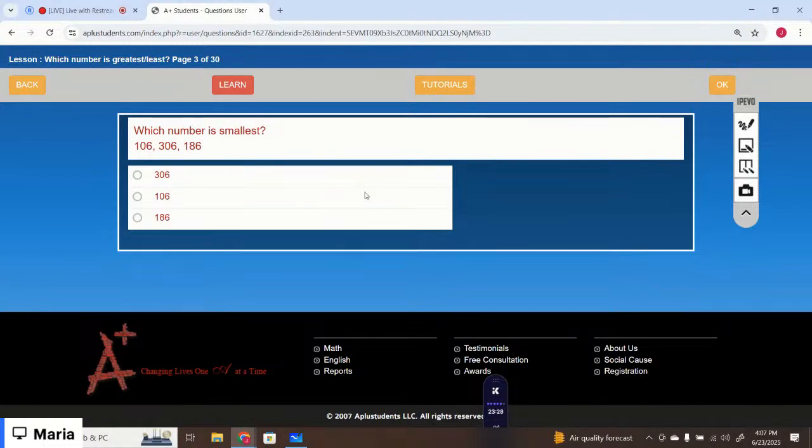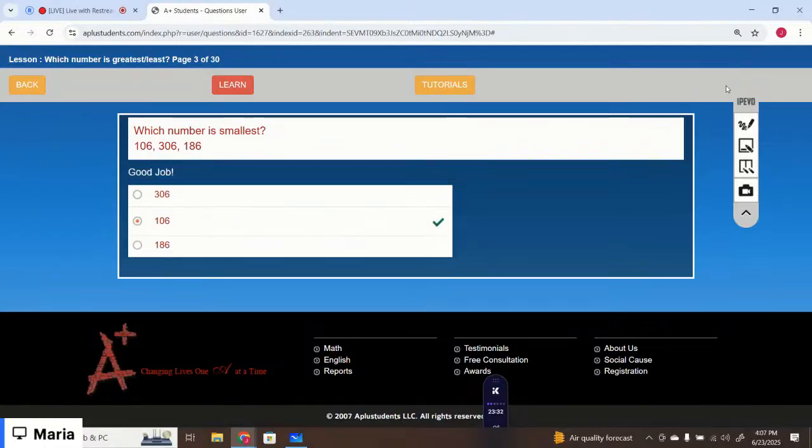That is 106. Option number three is the correct option. That is the smallest.